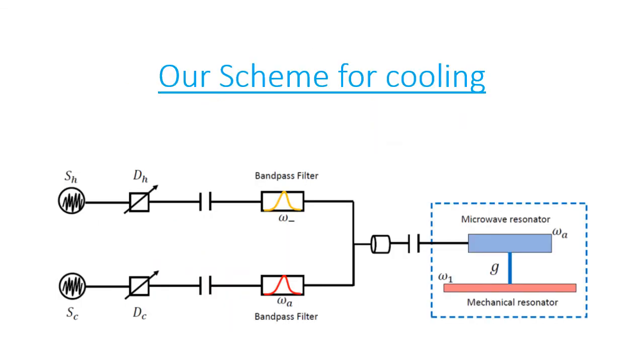However, if we consider our scheme, which we sketch here, this is the scheme in the microwave regime. We have our microwave resonator, which is interacting with the mechanical resonator. It can be one or more than one.